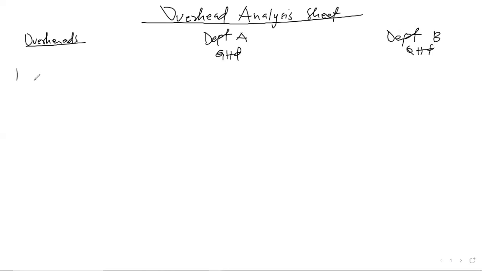So with the indirect wages, we have 6,000 for A, 4,000 for B, and C, sorry.